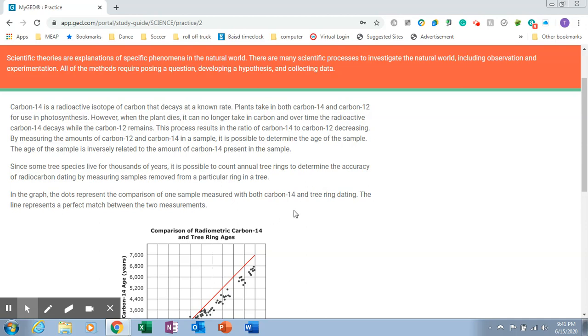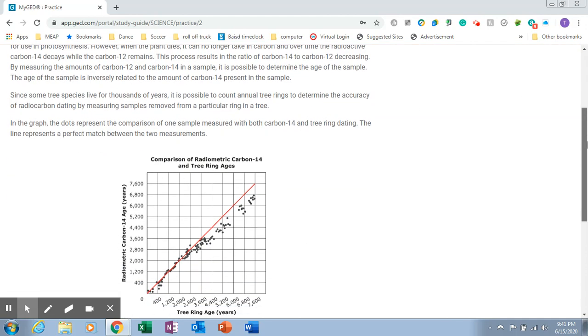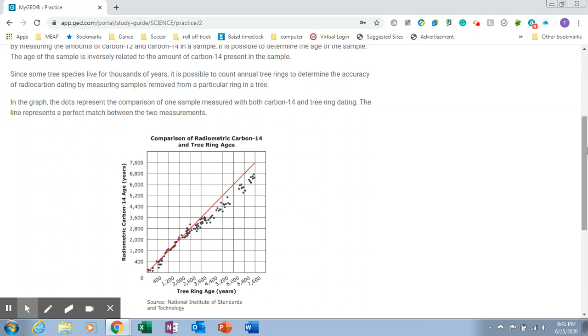And we have a little graph here, and this is a comparison of those two things. So these dots compare the age of a tree with carbon-14 dating versus the age of the tree with tree rings. And if they came out exactly the same each time, they should be right on the line.